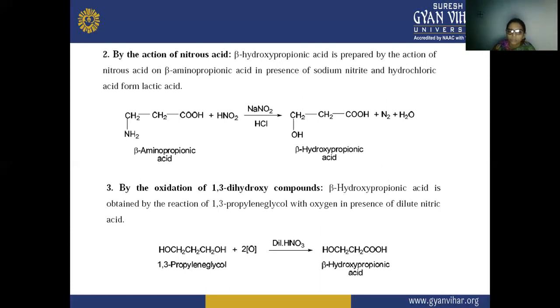So beta hydroxypropanoic acid is formed by the treatment with nitrous acid, that is, in the presence of sodium nitrite and hydrochloric acid. So this beta amino propanoic acid is treated with nitrous acid, and in the presence of sodium nitrite and hydrochloric acid forms lactic acid. So this is the structure of your lactic acid that is formed from your beta amino propanoic acid, that is also known as beta hydroxypropanoic acid.